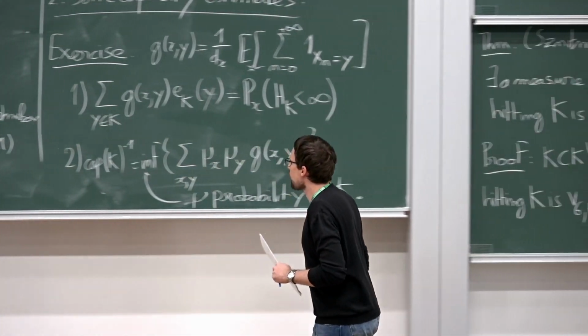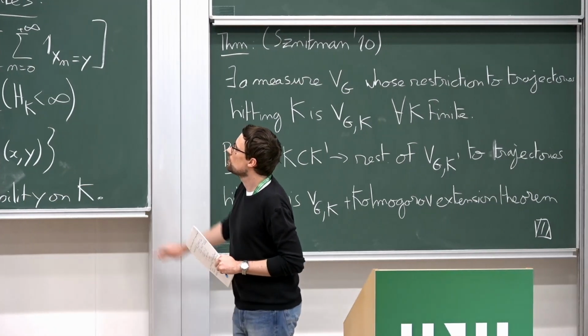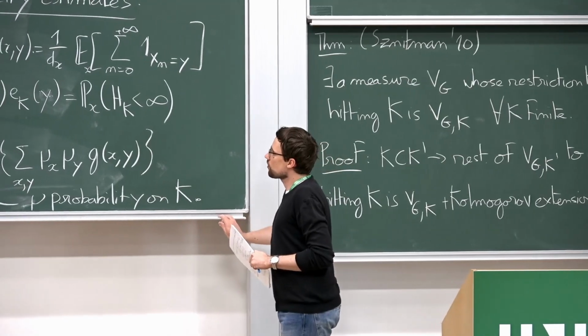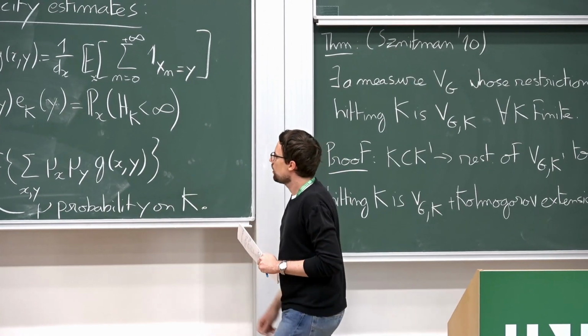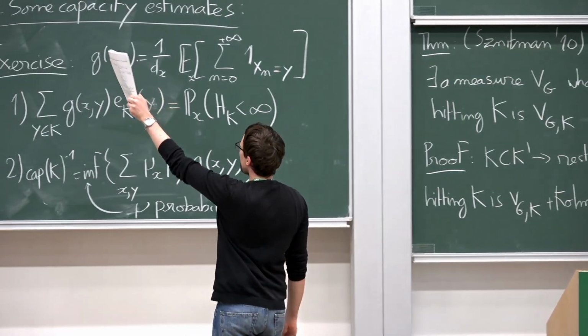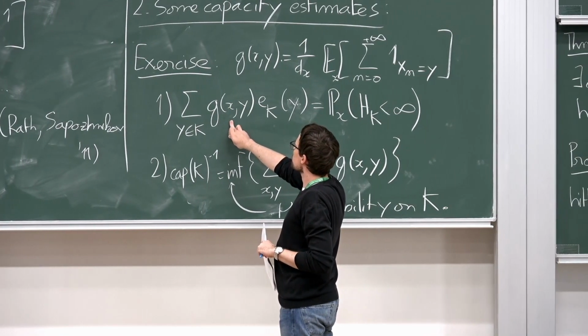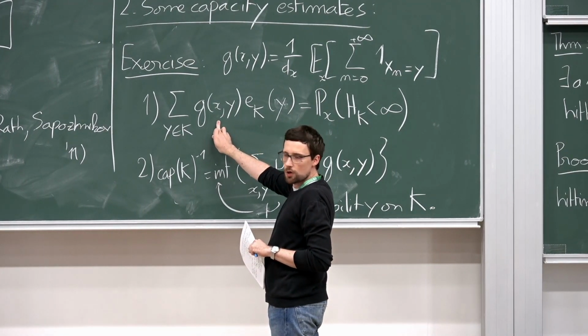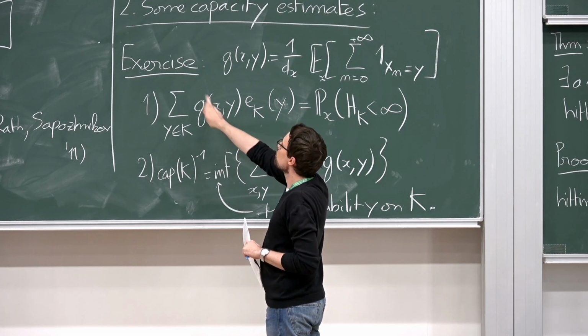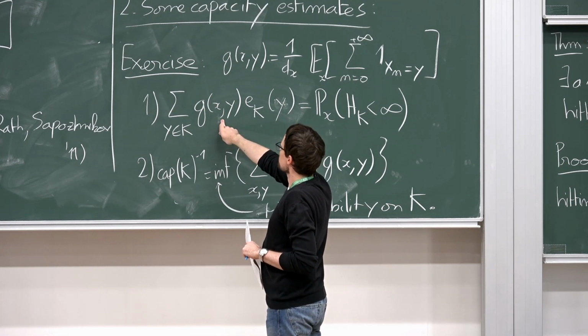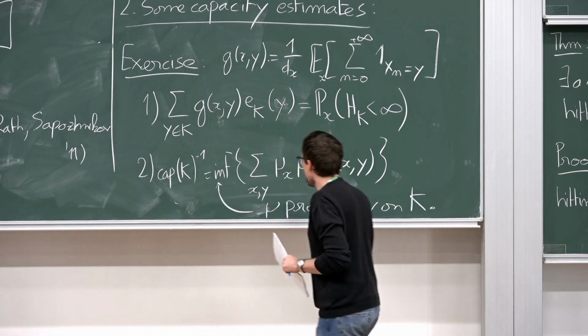Maybe let me tell you how you deduce the corollary from these formulas. For the first one, this is just a direct consequence of this because your Green function is always of order the distance to the power d minus 2. If you take x equals 0, this is a direct consequence of just formula 1, an easy one.